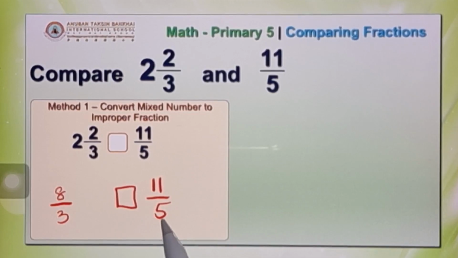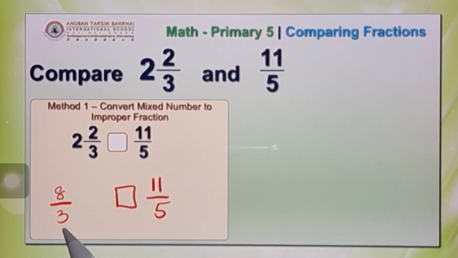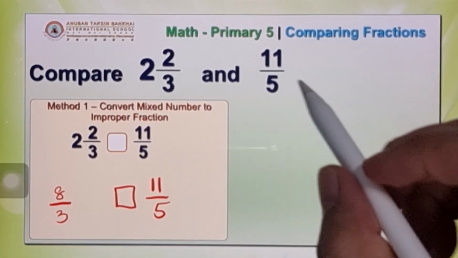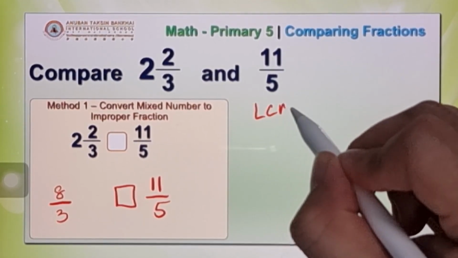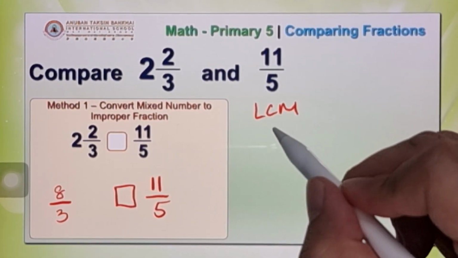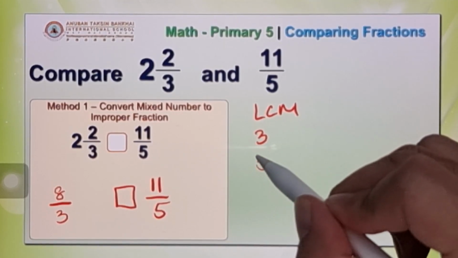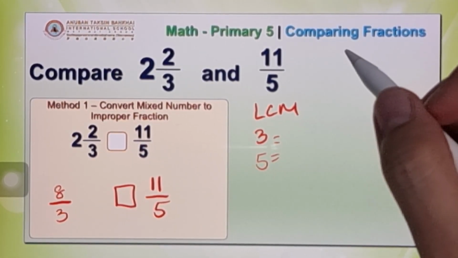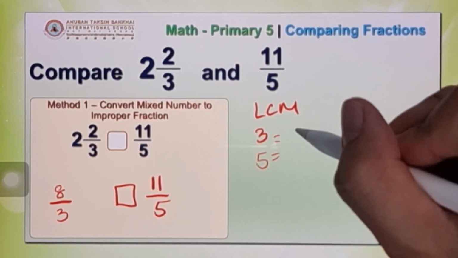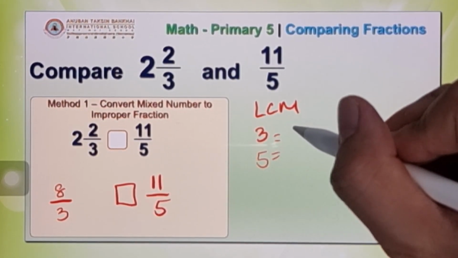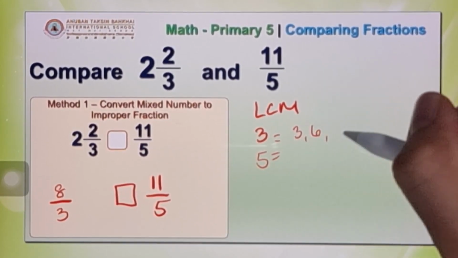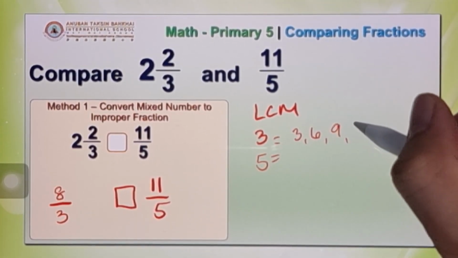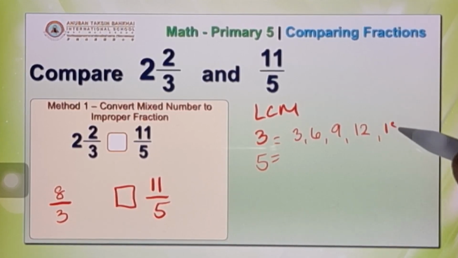Now, look at their denominators. They are not the same. We have 3 and we have 5. So we now look for the LCM. Let's look for the LCM of 3 and 5. How are we going to do that? Let's first write the first 5 numbers. We have 3, 6, 9, 12, 15.